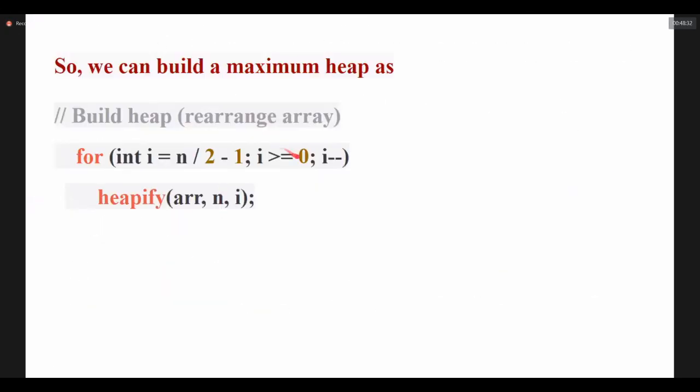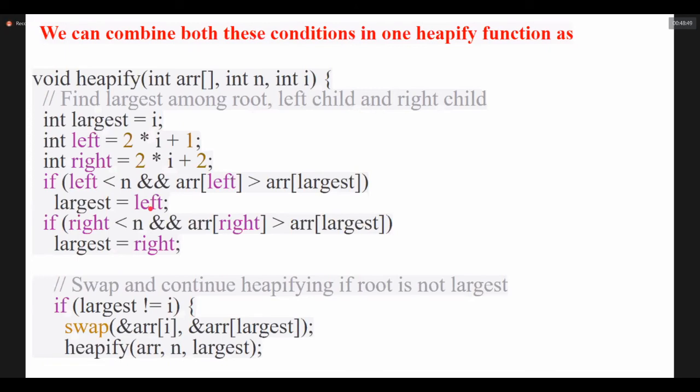When i is equal to 0, heapify calls the array, n, comma i. Here n means size and the index value is 0. So the control moves to heapify. Now control comes here: array name, size, i value 0.